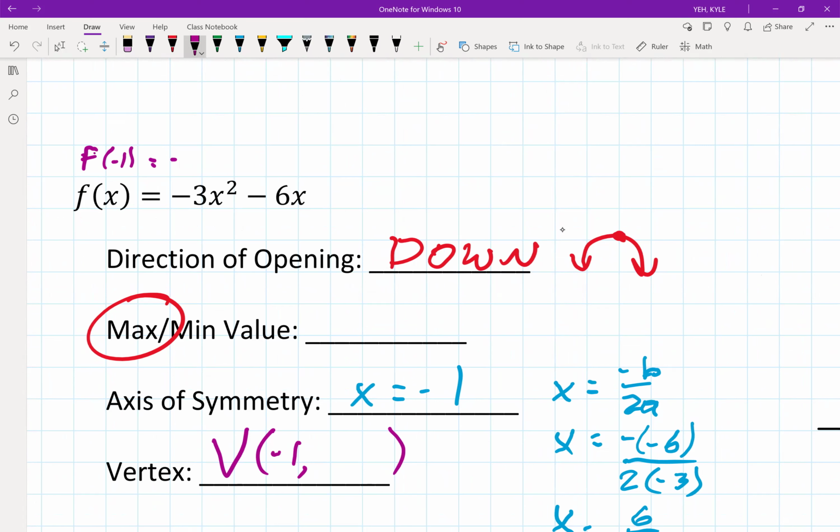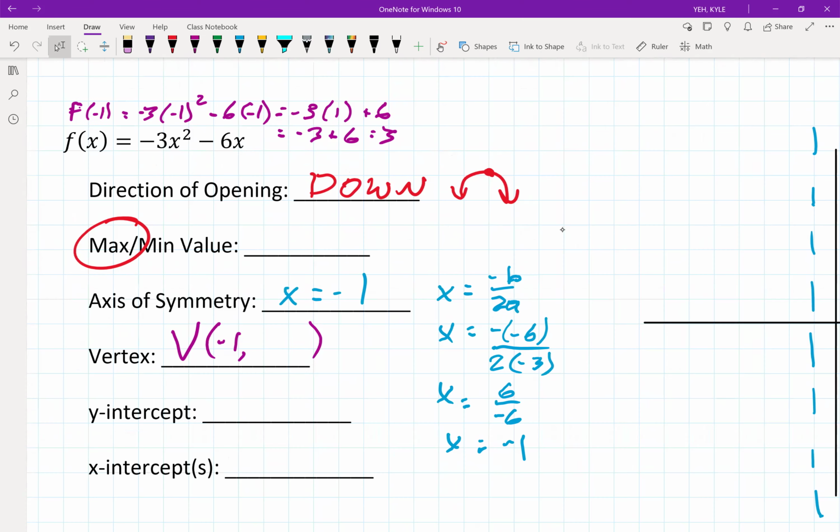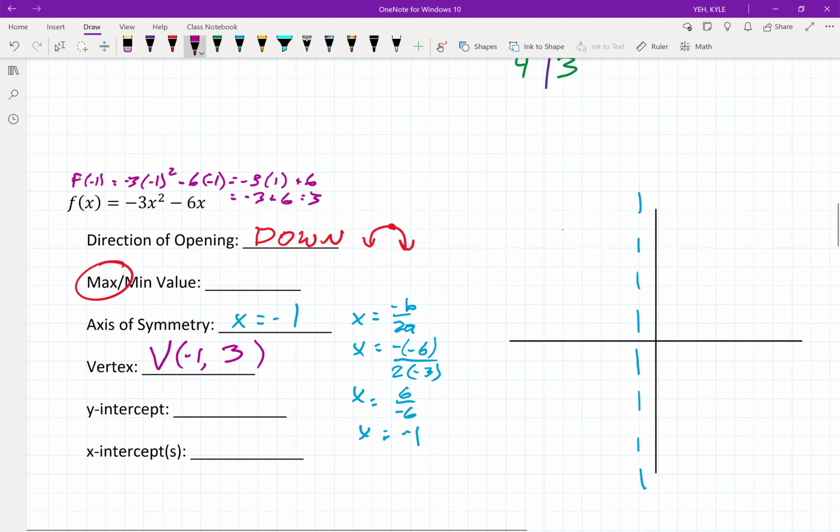That means we have negative 3 times negative 1 squared minus 6 times negative 1. Order of operations, I'll do that squared first. So negative 3 times 1 plus 6, because negative 6 times negative 1. So negative 3 plus 6, which equals 3. My vertex is going to be at negative 1, comma 3.